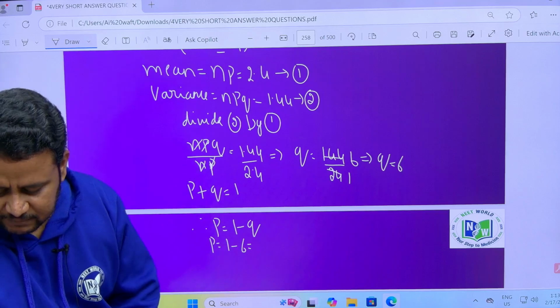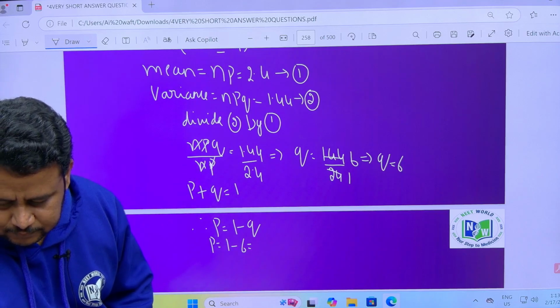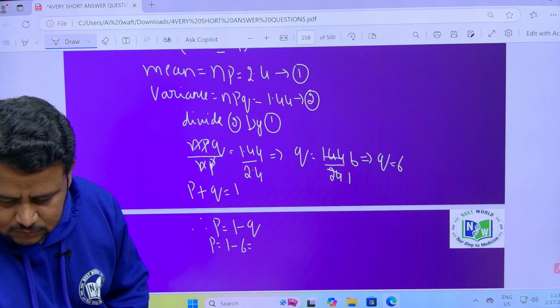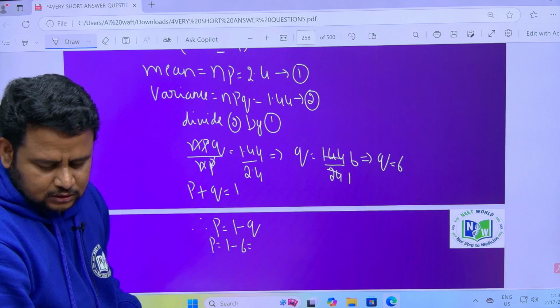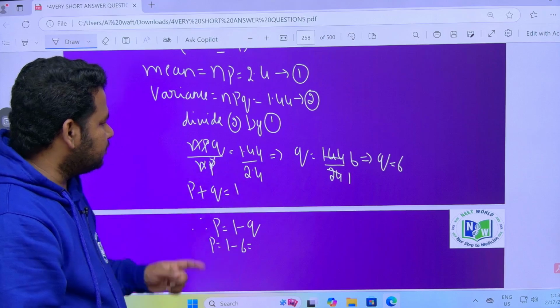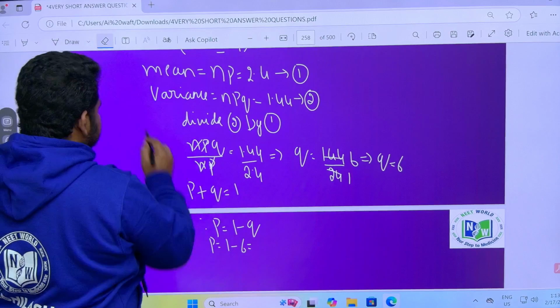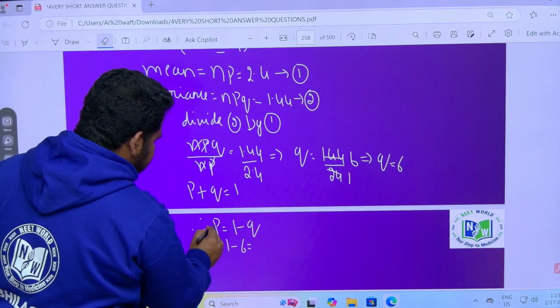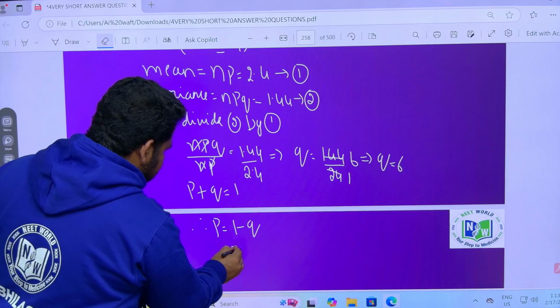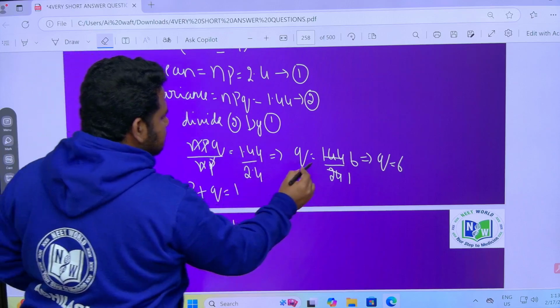Will it be minus 5? We will not get it as directly 6, it is a decimal. Let us check once. P plus q, this is fine.